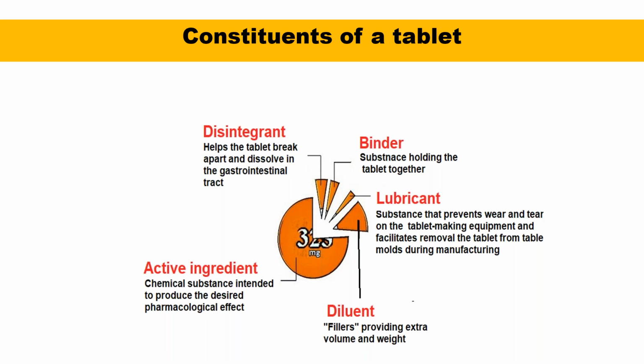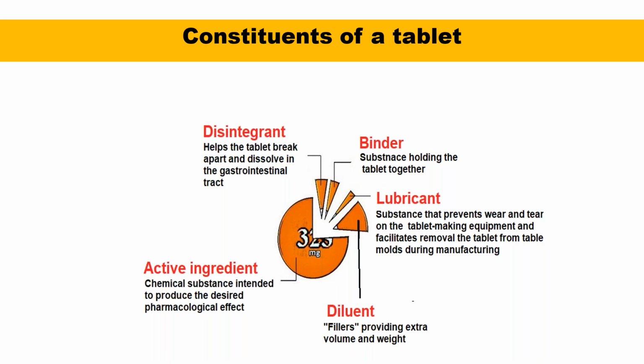Apart from the active ingredient and diluent, the tablet also has binders. Binders are substances that hold the tablet together. Various examples of binders are microcrystalline cellulose, acacia, gelatin, sucrose, povidone, methyl cellulose, carboxymethyl cellulose.